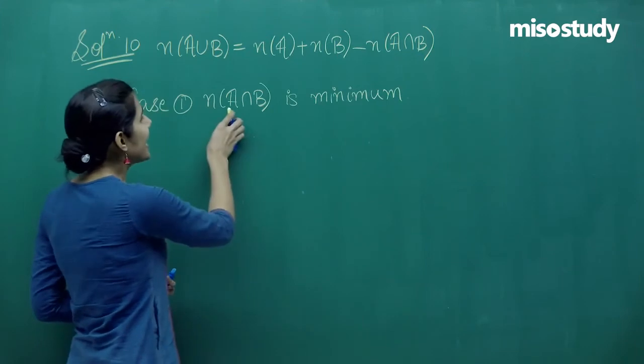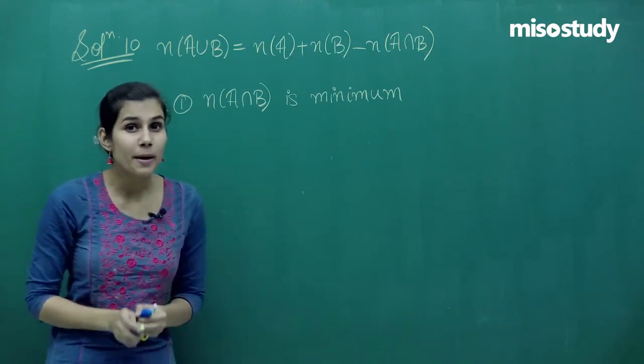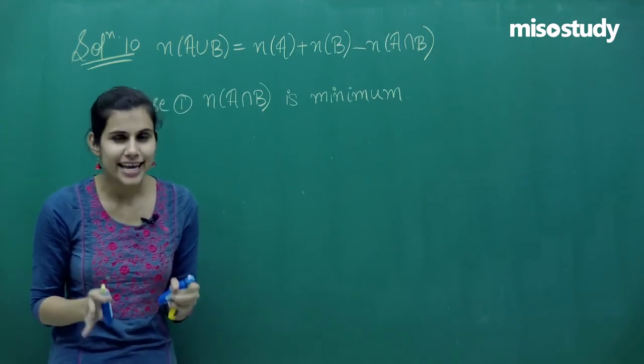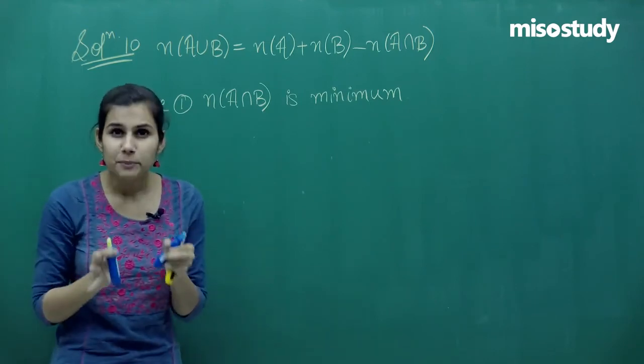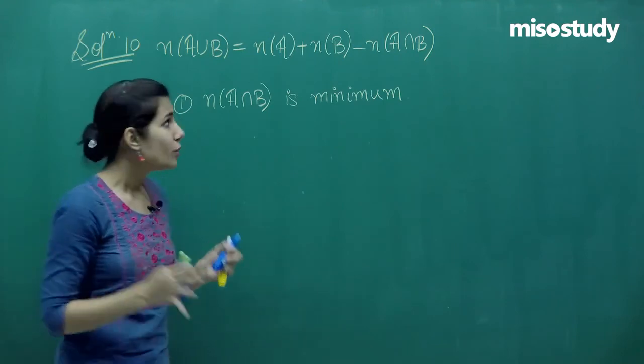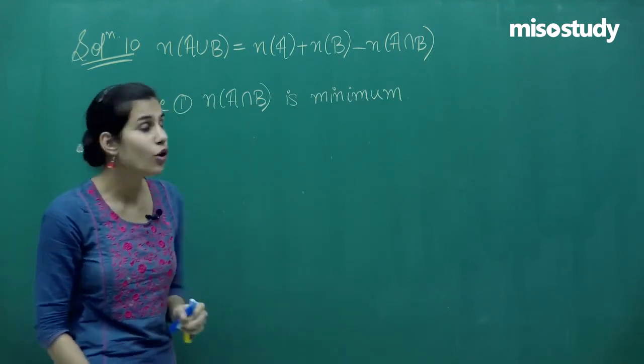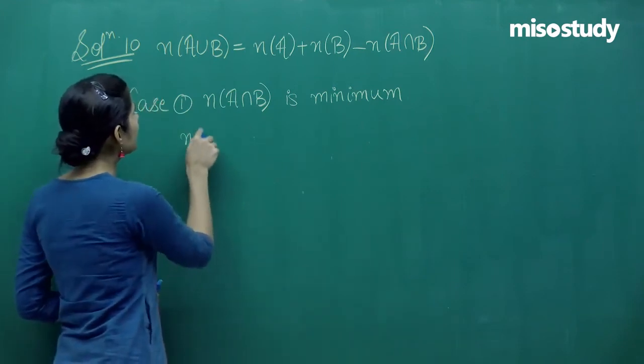A intersection B is the number of members common in A and B. The worst case scenario is when A and B have nothing in common, which means the number of members in A intersection B is 0. That is my minimum case.